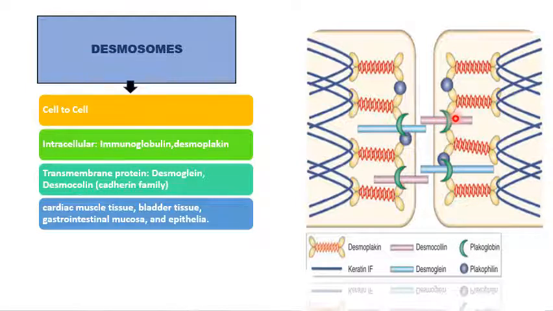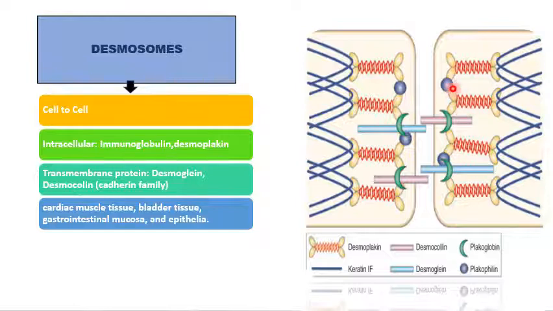This desmocollin, along with the plakoglobin, these are the plakoglobin and plakophilin. So plakoglobin gets attached to the desmoplakin, which is an intracellular protein, and this desmoplakin is linked to the intermediate filaments, which is keratin.